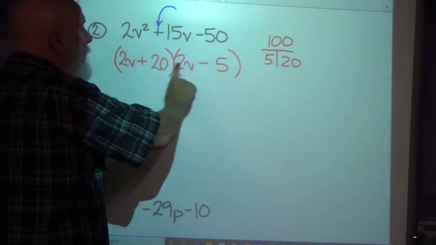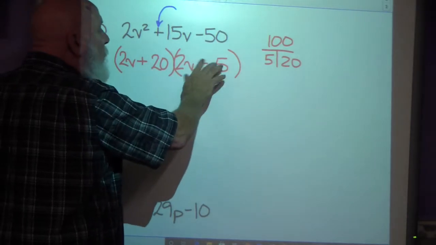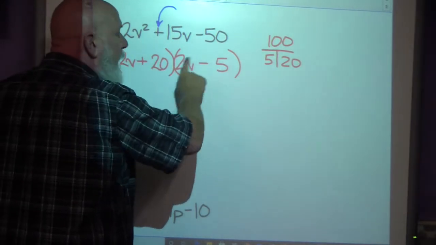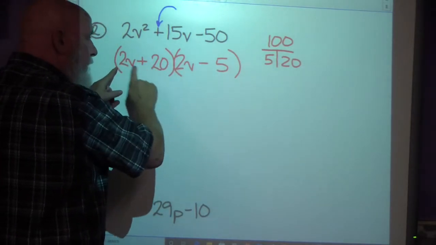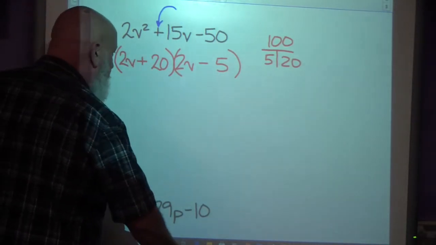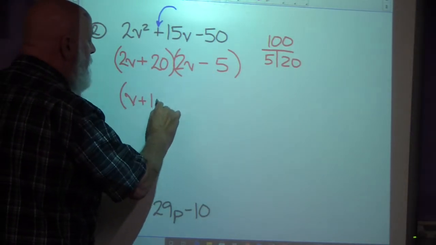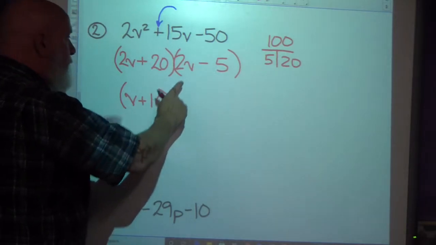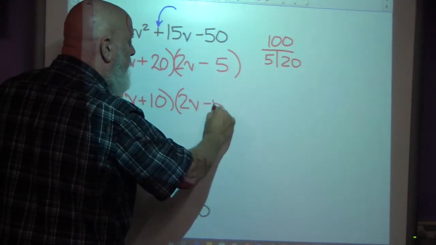At this point, unless I've made mistakes, I don't think I have, I'm ready to divide one of these by 2. I look at this one, that won't divide by 2. They're not both even. But this one will. Both of these will divide by 2, so I'm going to divide it by 2 and get v plus 10. I've divided out that extra 2 I introduced. 2v minus 5.